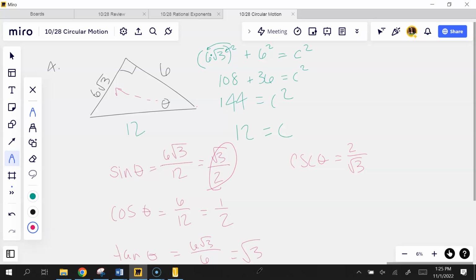I take this one and flip it. Because 6 and 12, so it'll be 6 over 3, so it'll be 2. You want to simplify it. The answer is 2.